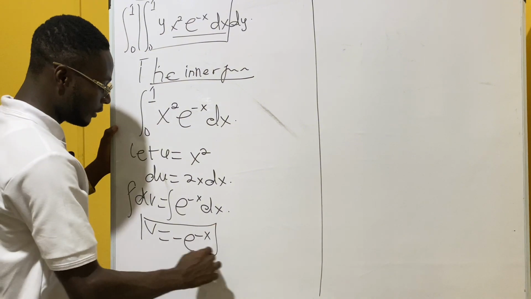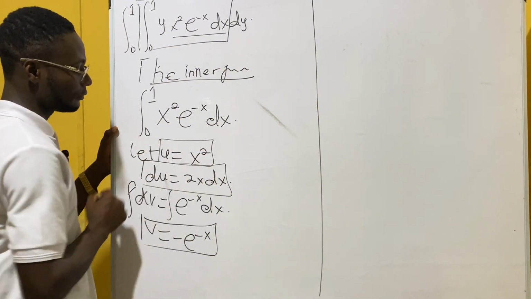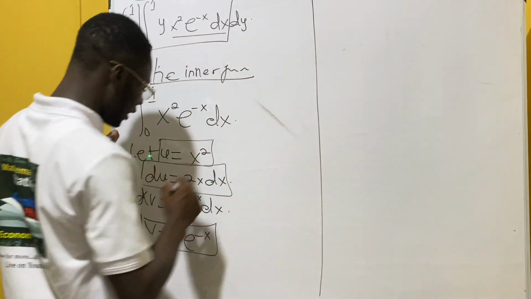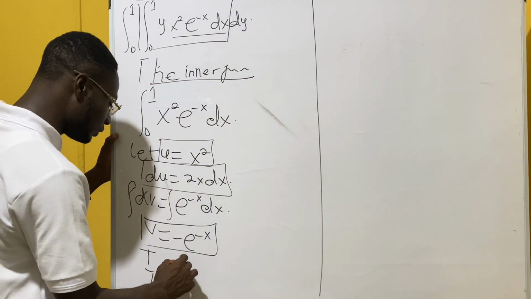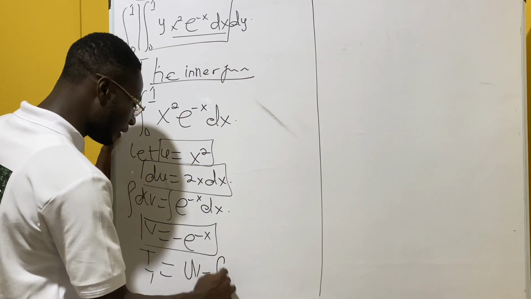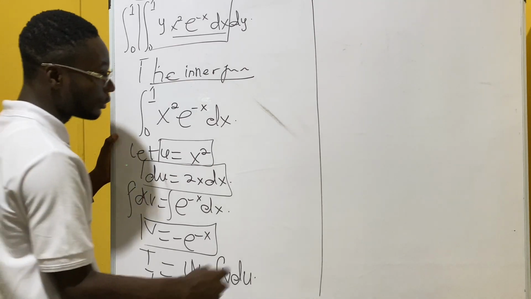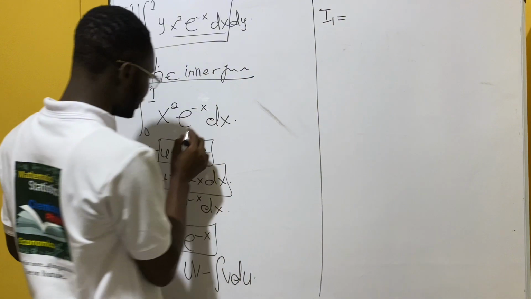So we have our u, our du, and our v. We do the substitution, and the integral is equal to uv minus the integral of v du.